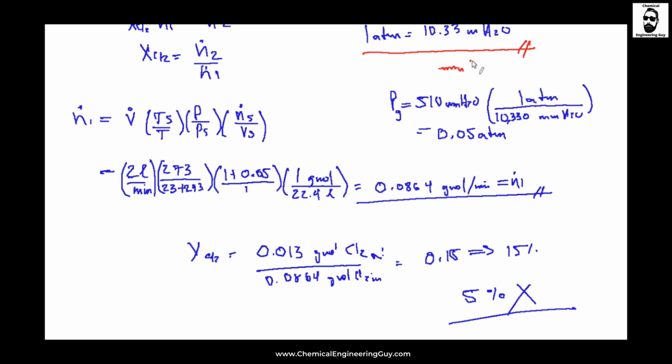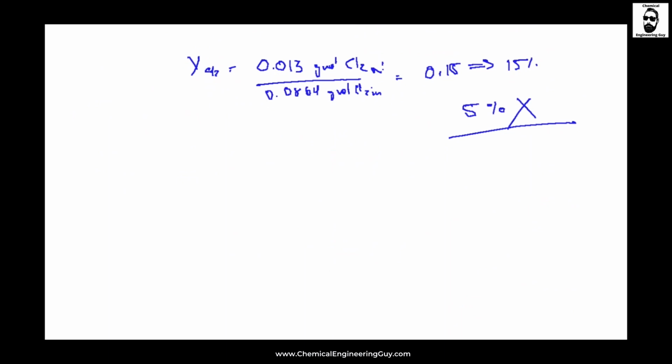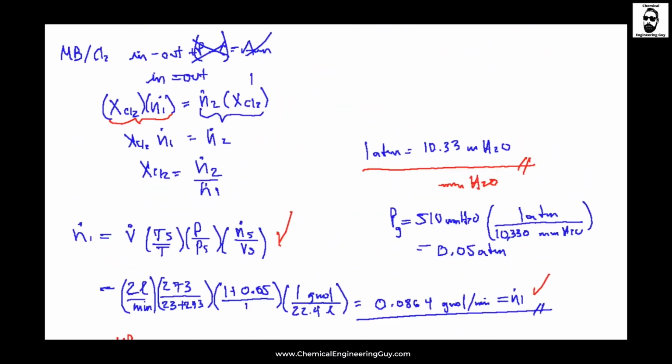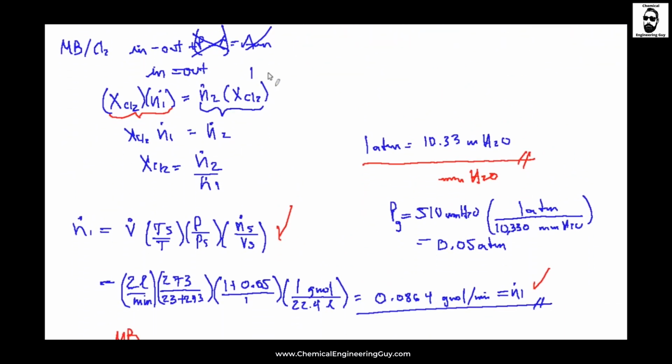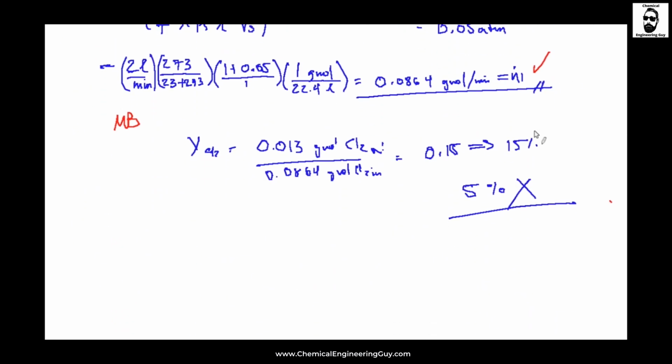Actually, millimeters of H2O is almost nothing. And what else can we see? I use standard conditions and I got the total amount of moles. I just balance from mass balance here. Yeah, here's the mass balance. From this here, I got this equation here. And yeah, I just substitute the data and I finish my problem, guys.